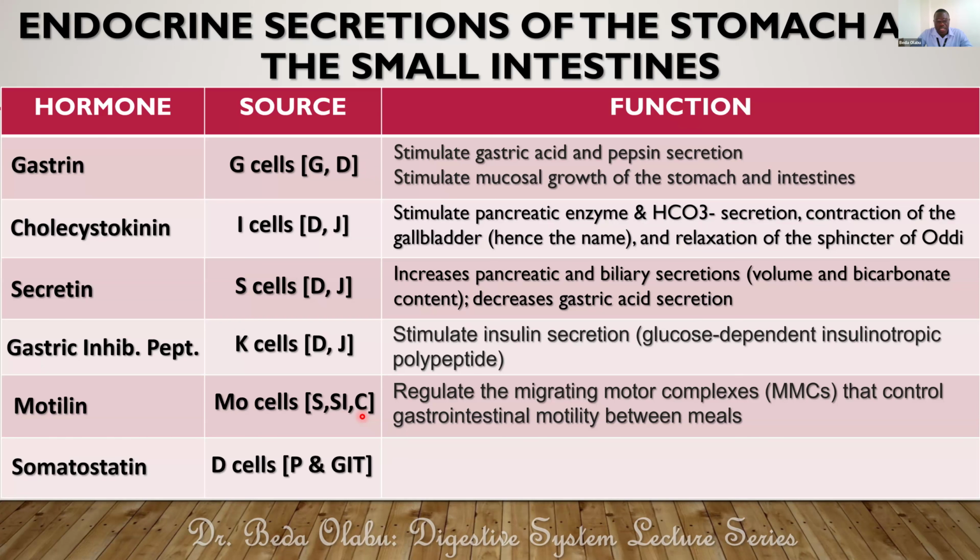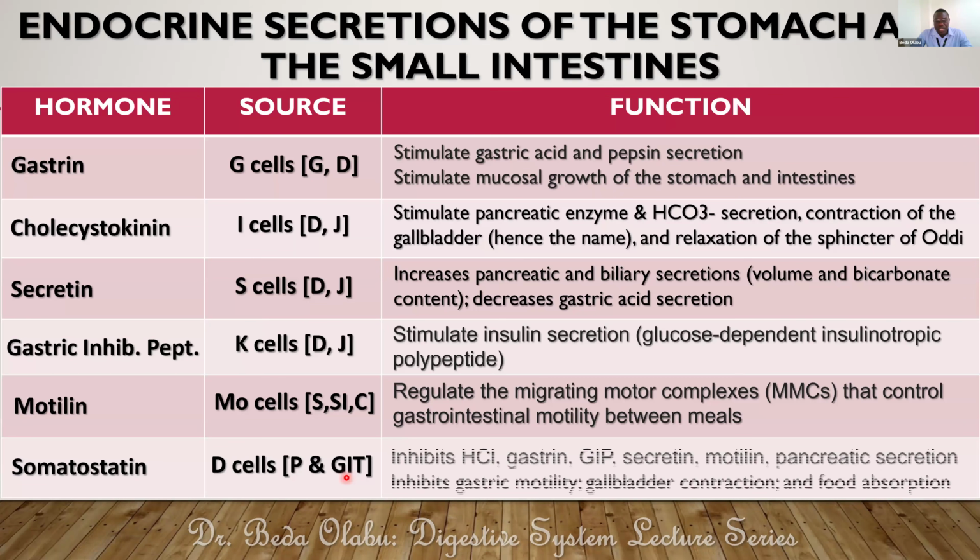Somatostatin from the D cells. Remember, D cells are present both in the pancreas as well as in the alimentary canal, largely stomach and small intestine. Somatostatin inhibits acid production. It inhibits gastrin production. It inhibits gastric inhibitory peptide. It inhibits secretin, motilin. It inhibits pancreatic secretion.